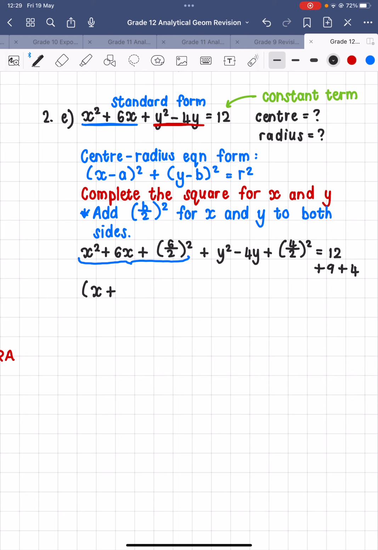What's the square root of 3 squared, guys? 3. Thank you. That is what you do. So you take the x, you take that sign, and you take that number into the bracket, squared.